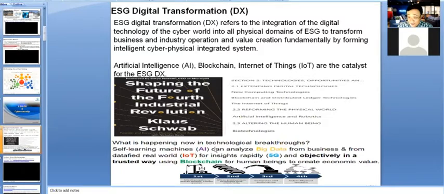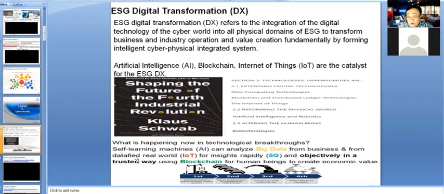This AI can analyze big data from business and from the datafied real world. IoT plays a role in the datafication, and then provides insight. They communicate through 5G and objectively, in a trusted way using blockchain, for human beings to create economic value.